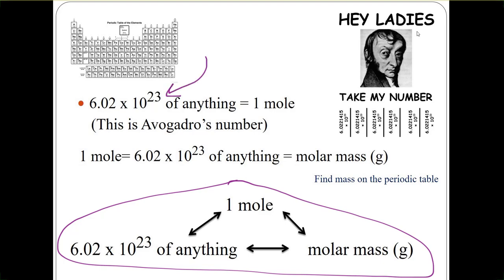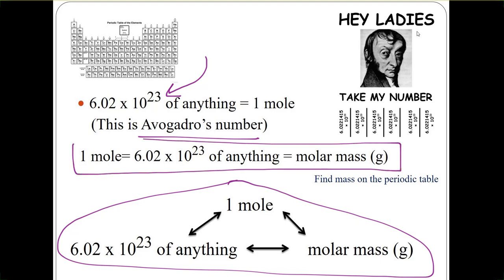And just to mention, this very, very large number is called Avogadro's number. Avogadro didn't discover it or come up with it, but it was named in his honor. But again, we have 1 mole equals Avogadro's number of anything, and it's also equal to the molar mass in grams. And you find the molar mass in grams by looking at your periodic table.